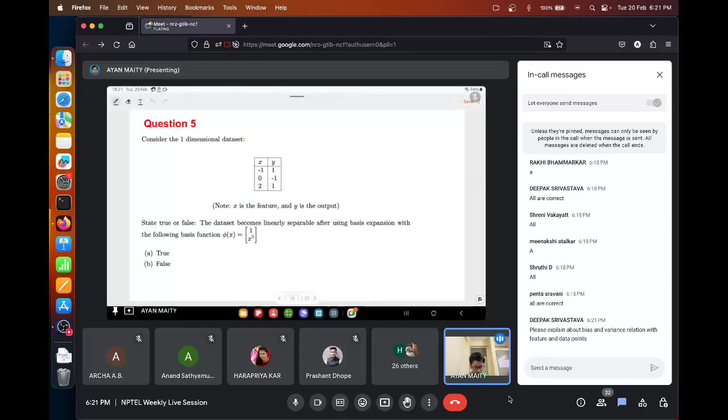Consider the one-dimensional data set. This is the data set x and y, where x is the feature and y is the output. State true or false: the data set becomes linearly separable after using the basis expansion with the basis function phi of x equals 1 and x cube.